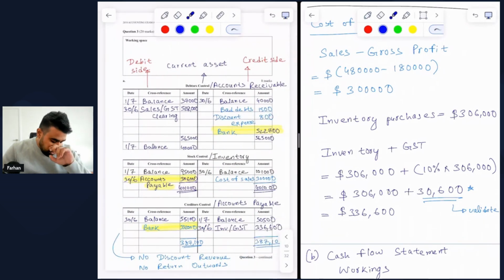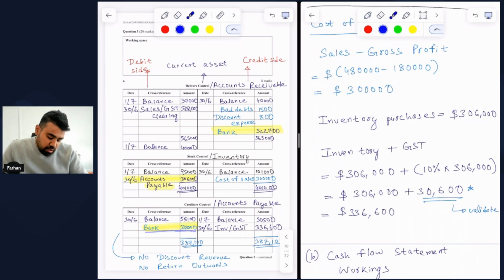Then we are adding the inventory purchases, including GST, that we expect to pay our accounts payable, which increases our obligation, and therefore this is reported on the credit side of the accounts payable account, referring to an increase in our obligation, and that is $336,600, including GST, which is what you have seen we derived here. Now, how do we find the missing balance for bank, which refers to the payment we have made to our accounts payable during the year?